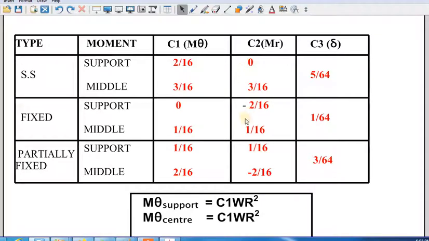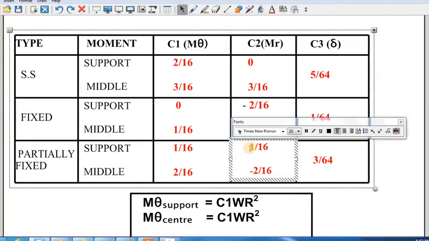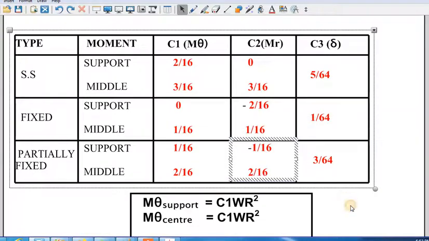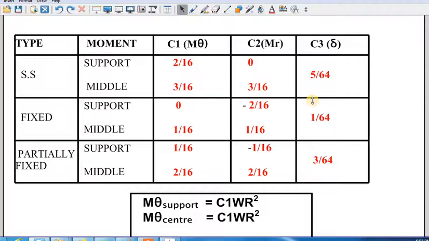For the radial moment, it is minus 2 by 16 at the support for fixity, and at the middle it is 1 by 16. I think this is a mistake, it is minus 1 by 16, and it is like this, 2 by 16.